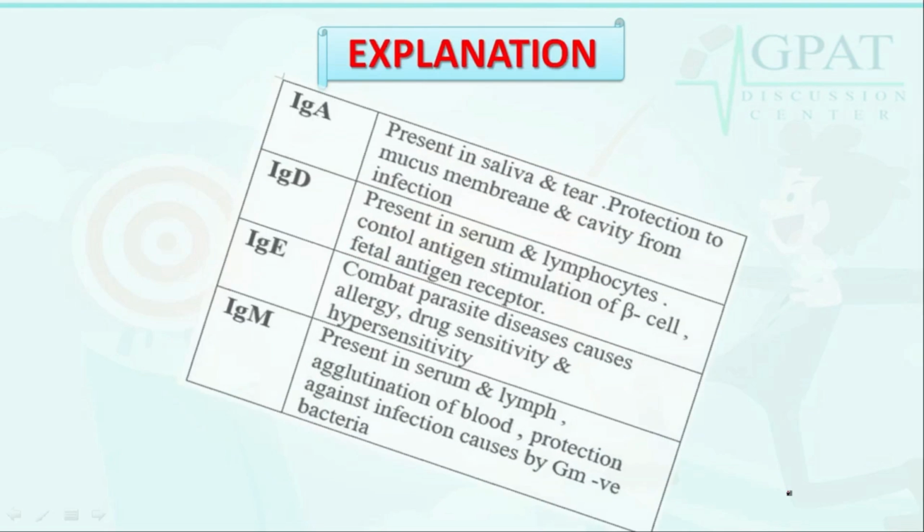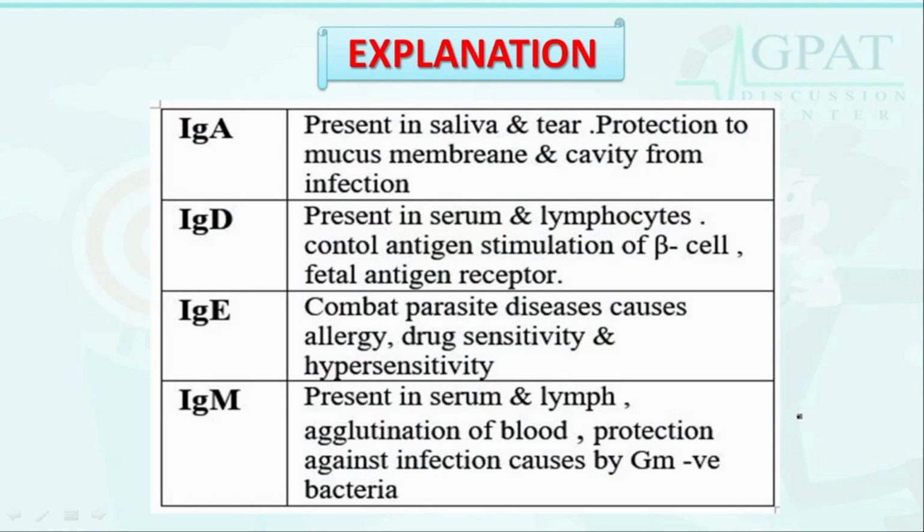So now we just talk about the antibodies. IgA is present in saliva and tear, and the main function is protection of mucous membrane. Sometimes the question may also arise that what is the function of IgA? And the correct answer is to protect the mucous membrane and cavity from infection. And what about IgD?